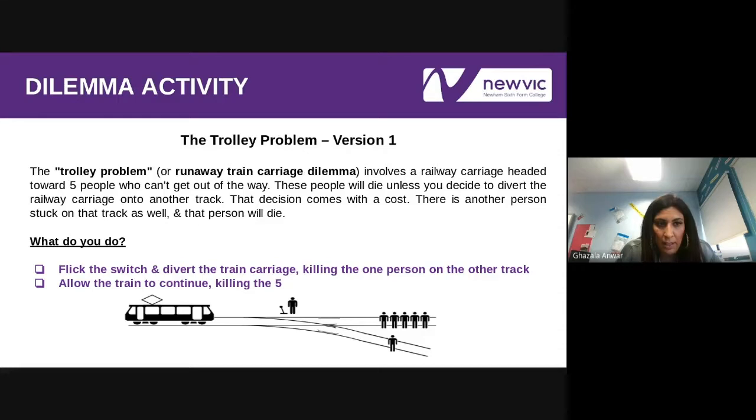Are you going to flick the switch to divert the train carriage, killing the one person on that track? Or are you going to let the train continue, killing the 5 people? What do you do, guys? Okay, hopefully you've all written down your response to that dilemma.